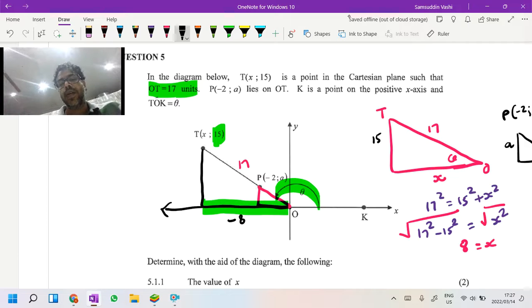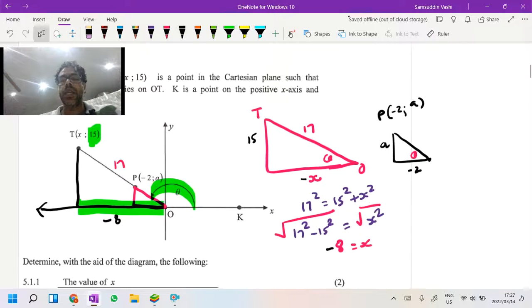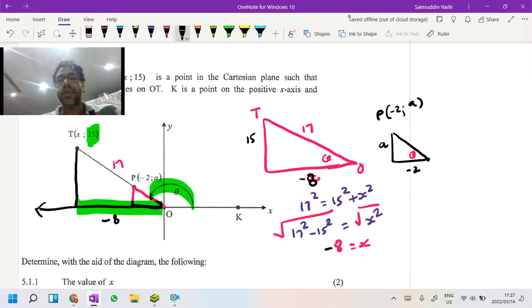So even though I got the value of 8, by looking at the direction of that x, the negative x side, I can make that x value negative 8. Negative x, and it is the same as negative 8.